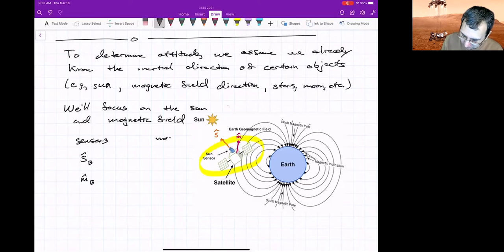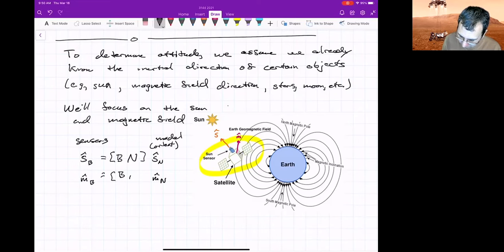And from the model, based on where we are in our orbit, we know where the sun should be in the inertial frame and where the magnetic field should be pointing. Remember, these are unit vectors. So that means we can then relate them. And so we'll use the information from these two equations to try to find Bn.